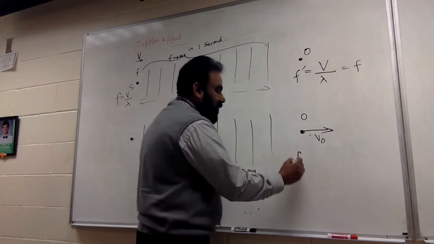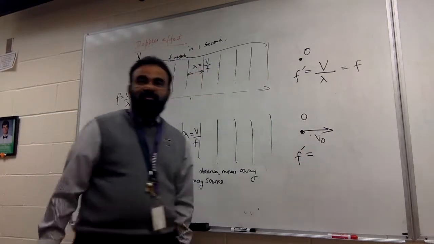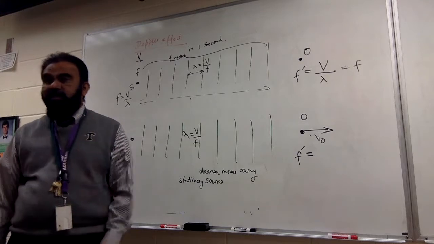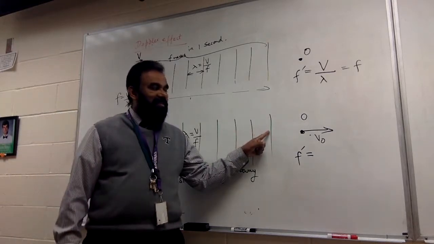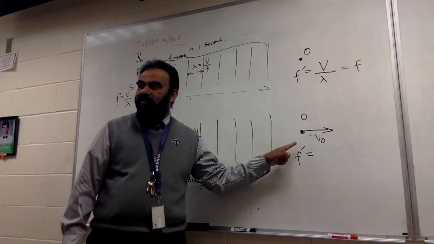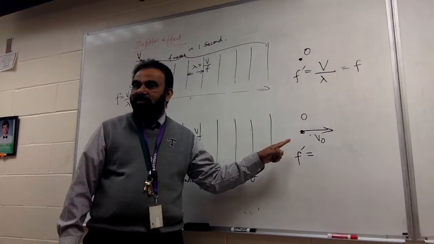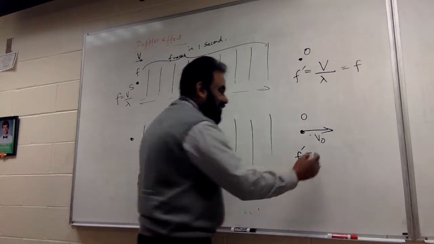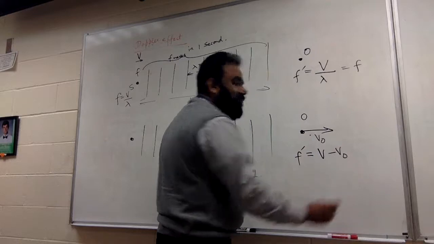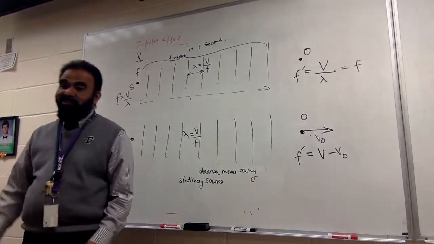Now, the frequency as heard by the observer is affected again by two factors. One is speed. With what speed are these hitting the observer? Yes, V minus V_O. Now it is hitting slower because he is moving.